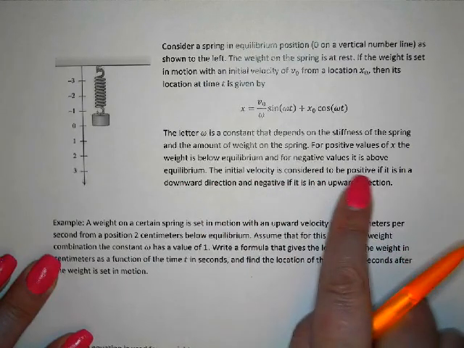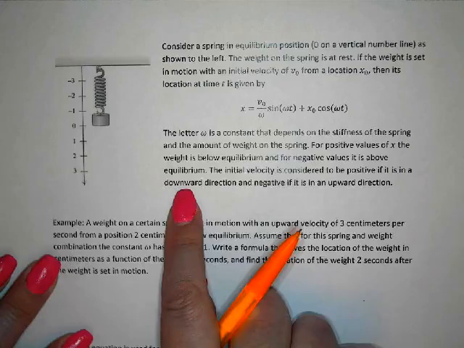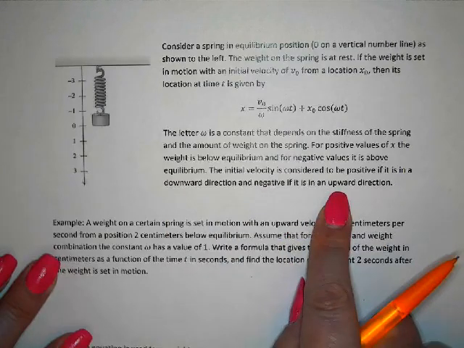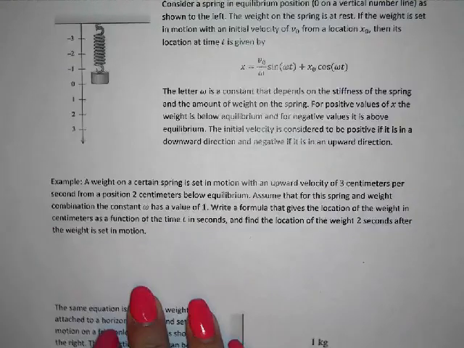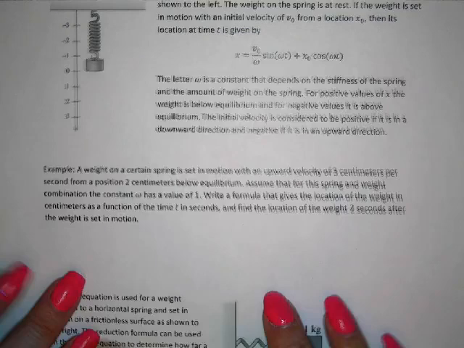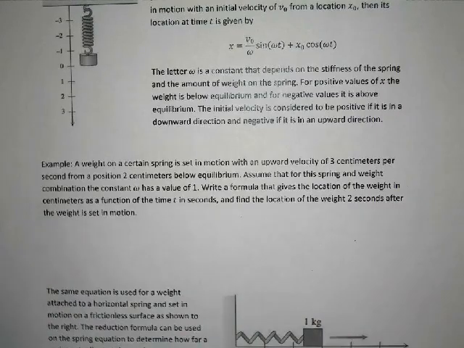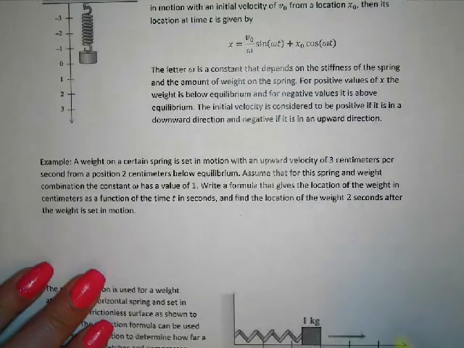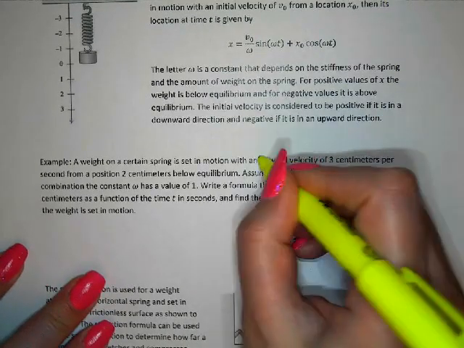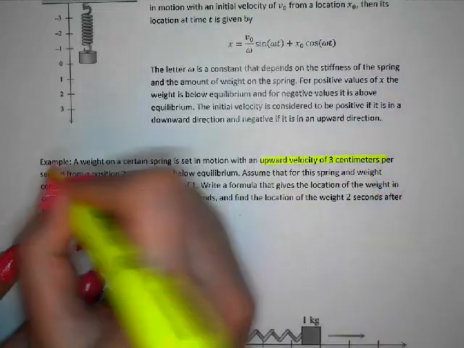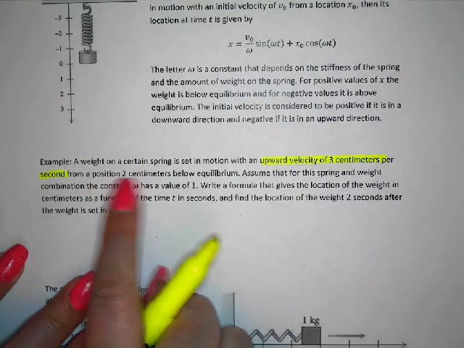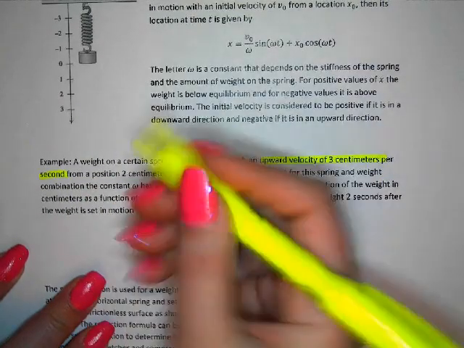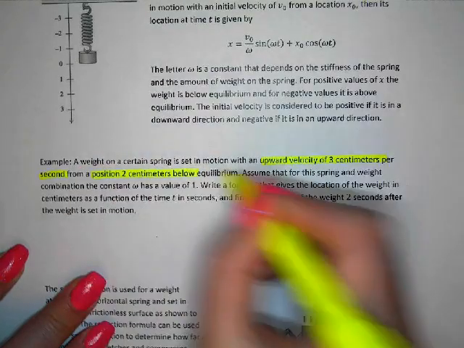So for the first problem, it says a weight on a certain spring is set in motion with an upward velocity of 3 centimeters per second, in a position 2 centimeters below equilibrium. So upward direction is negative.